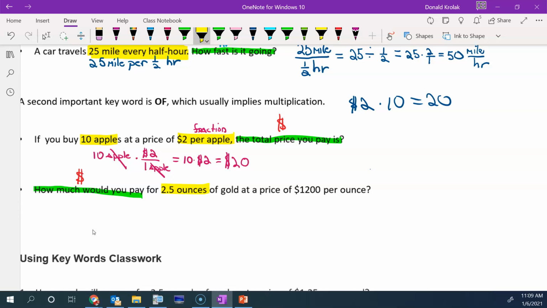Okay, you're given ounces. And the other label you got is dollars per ounce. So dollars over ounces. So we can see if I multiply these two, the ounces are going to cancel.